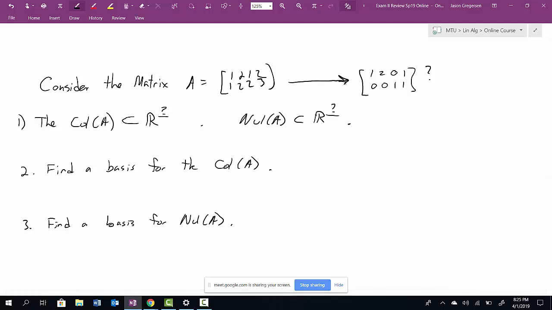The first questions are: the column space is a subspace of what? The null space is a subspace of what? Then you find the basis and the dimension. And remember, ask questions if you have them. Feel free to ask for clarification.